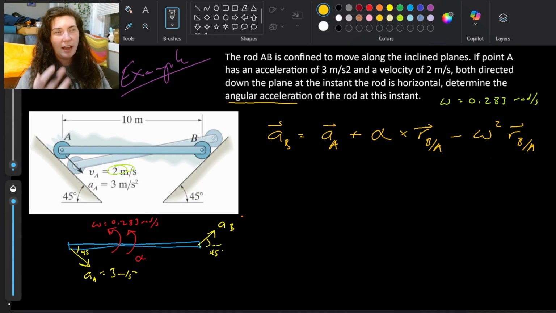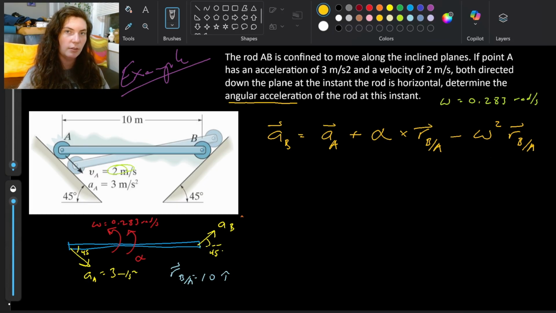Now that we have a diagram and a sense of direction on all of these things, and of course R_B with respect to A is still the same, 10 i hat, we have everything and can start plugging things in to see how far we can take this acceleration.